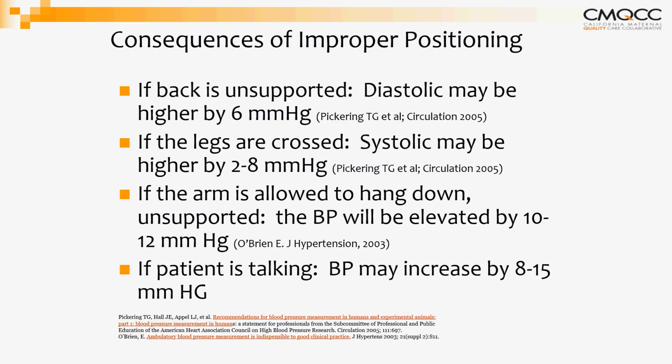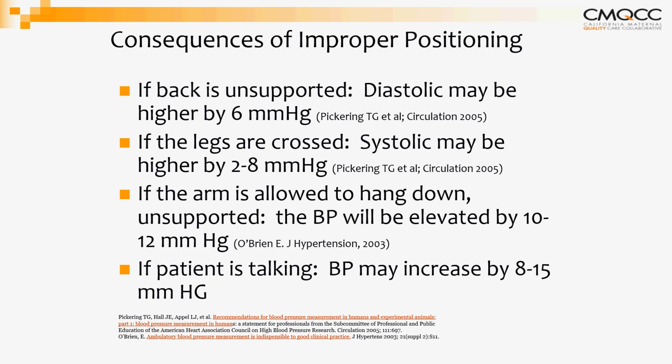And this is why it's so important to make sure that we follow the advice that was given on the previous slide. If the back is unsupported, there's data that shows that could actually increase the diastolic by 6 millimeters of mercury. If the legs are crossed, that can be up to 8 millimeters of mercury in the systolic blood pressure.